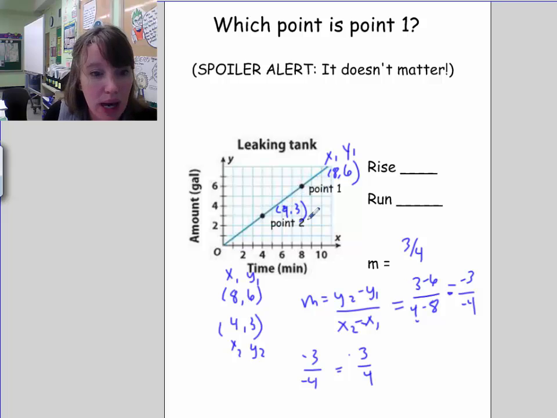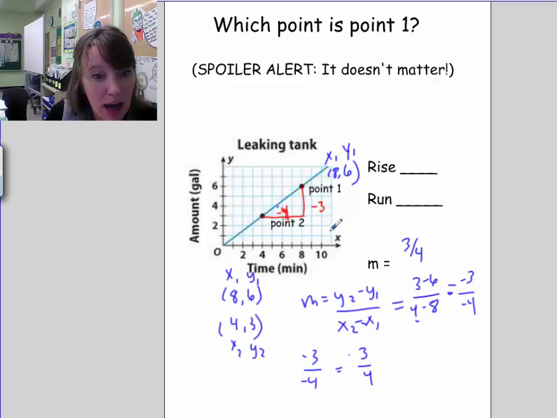Okay? So again, if I choose my rise over run way, from point 1 to point 2, I drop down by 3, so that's negative 3. The change in the y position drops down, so I indicate that with a negative number, and I go over to the left by 4, so that indicates a negative 4.